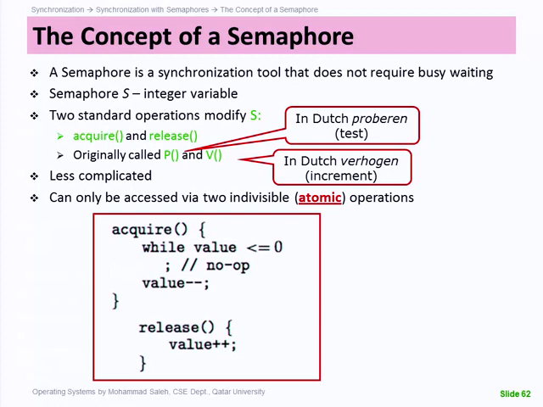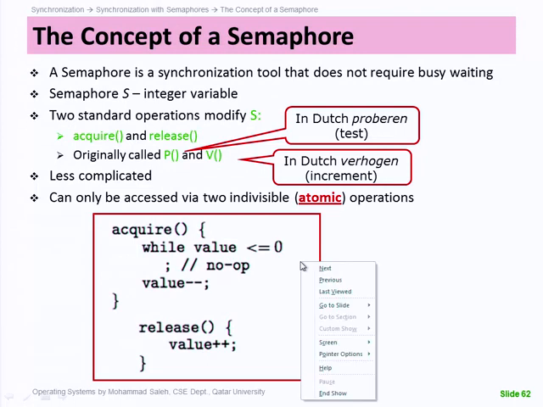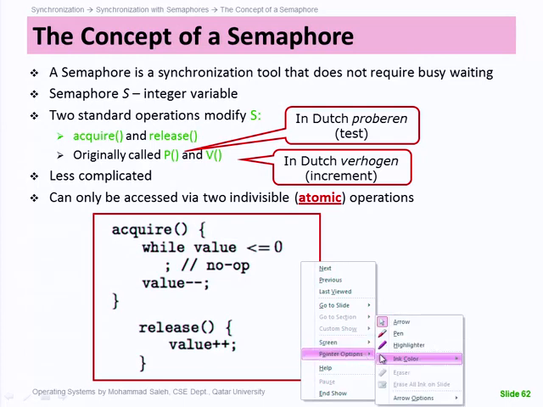However, if it's not available, then that process should wait for it until it's available. So how are we gonna implement that kind of wait, which means blocking the process if it is asking for a resource that is not available?